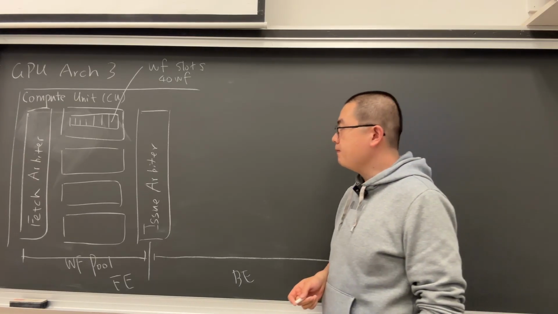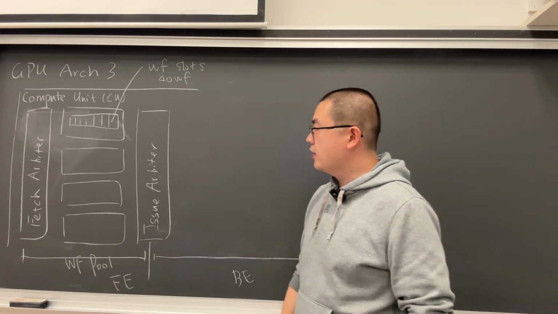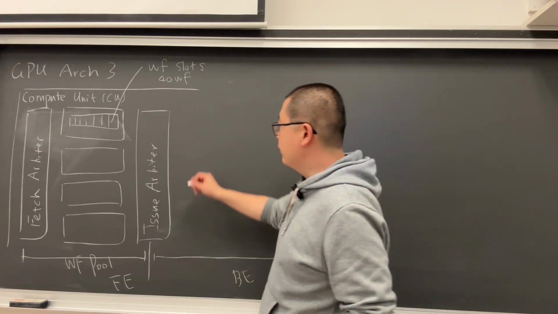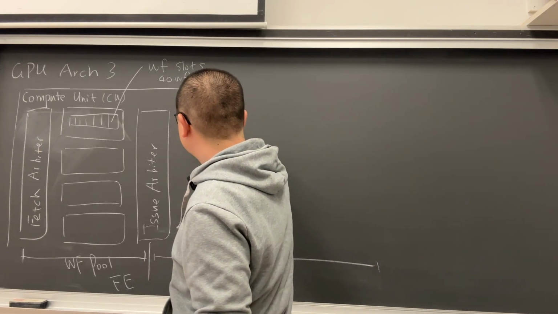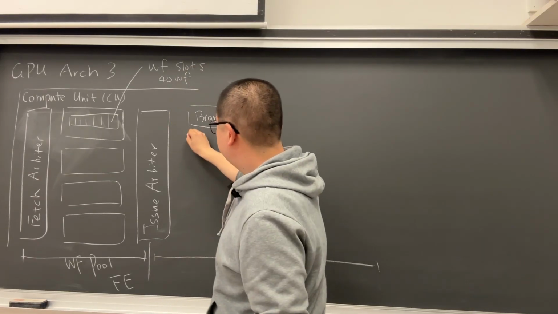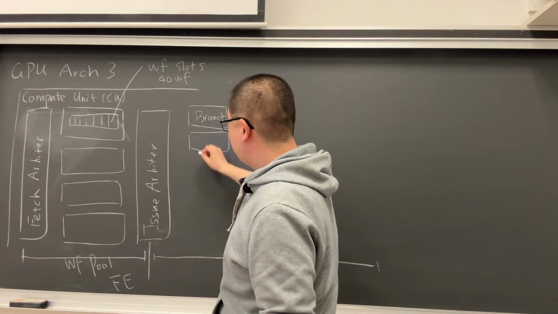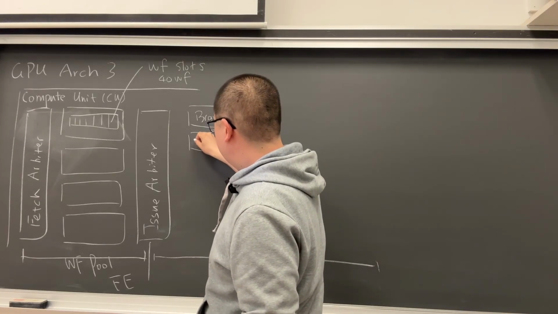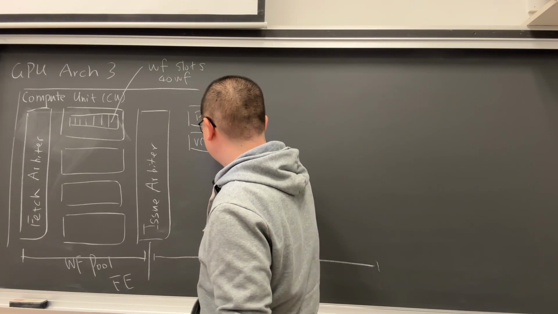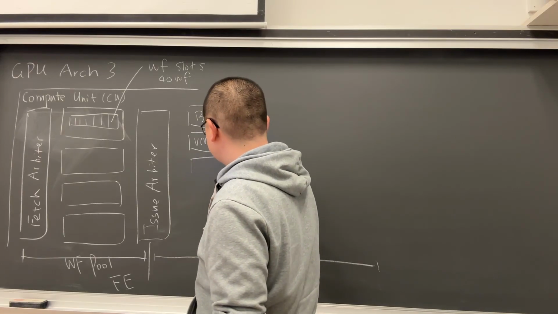Now, where an instruction can be issued, there are basically 5 major units. The first unit is a branch unit. Then we have a vector memory unit, and there's a scalar unit.